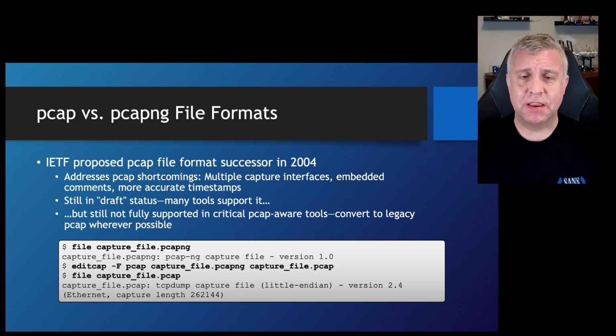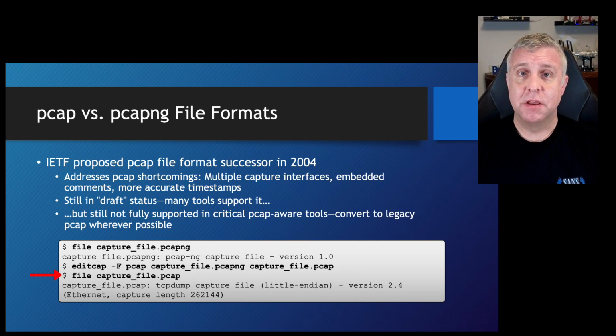It's a tool that allows you to do a variety of different manipulations of PCAP files, including changing how they're encapsulated, what file format they're using. So you can see here, I have a PcapNG file format indicated by the result of the file command. And then when I run this editcap command here, I convert it to a new file, not modifying the original, and you can see that this is now a PCAP file format, as indicated by the results of the second file command.